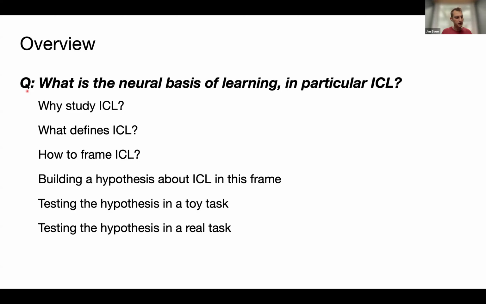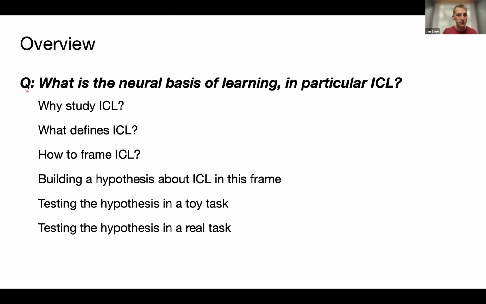Then we thought about what the right frame is to do some more analysis on it. Then we built a hypothesis in this frame, and went on to test that, both in a toy setting and in a real setting. These will be the stages throughout this talk that I keep coming back to.